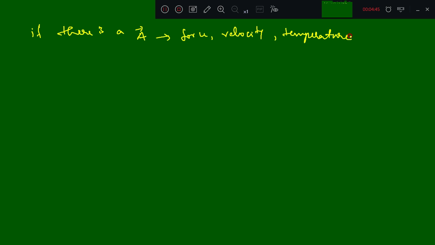So if there is a vector A, any vector A, it can be force, it can be velocity, it can be temperature, any vector.